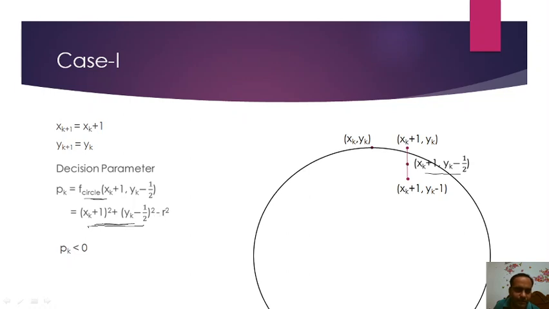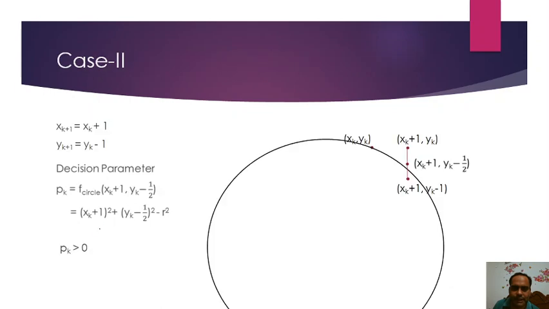If this value comes out to be less than 0, then the case is identified as case 1. In this case we will increment x and will not decrement y. Case 1 is identified through this.